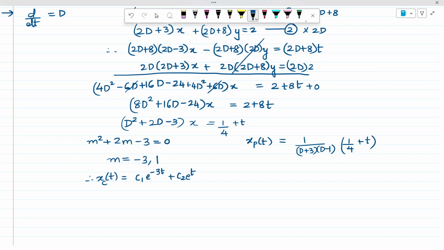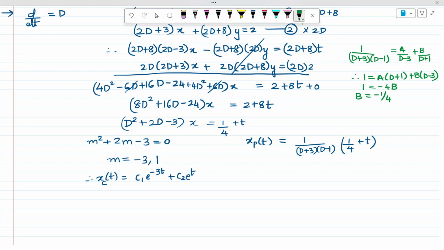So if I apply the partial fractions method, I'll have 1 upon D plus 3 into D minus 1 is equal to A over D minus 3 plus B over D plus 1, which will be A times D plus 1. So when I put D is negative 1, we would get minus 4B. So B is equal to negative 1 by 4. And when we put D is 3, we would get A is equal to positive 1 by 4.